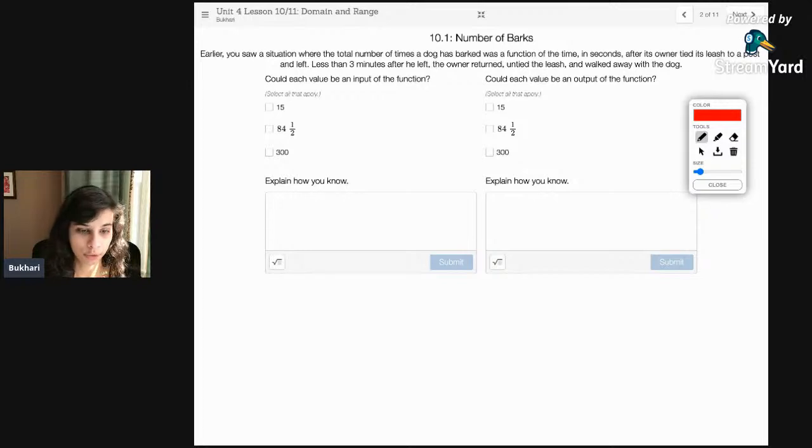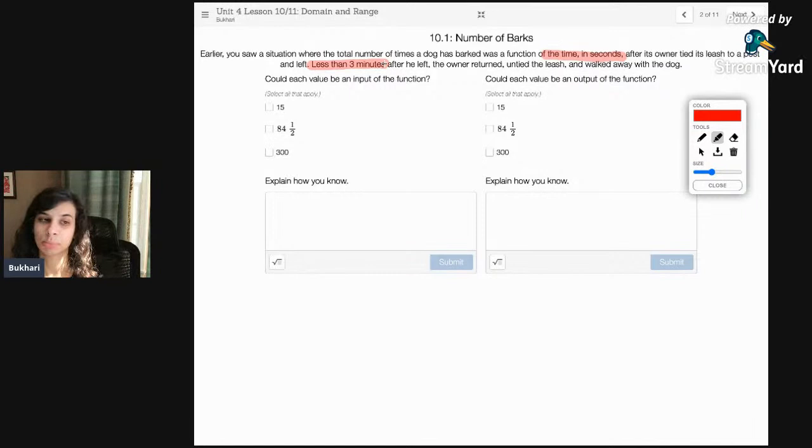Let's look first at the situation: the number of times the dog has barked as a function of time in seconds. I know that these all relate to my input values. My input is time.